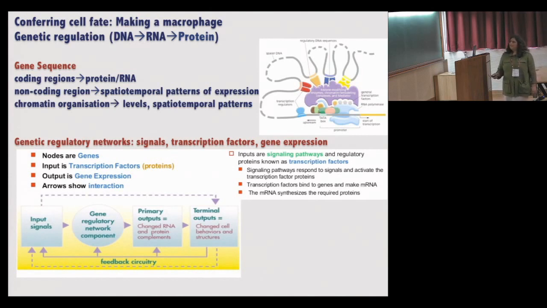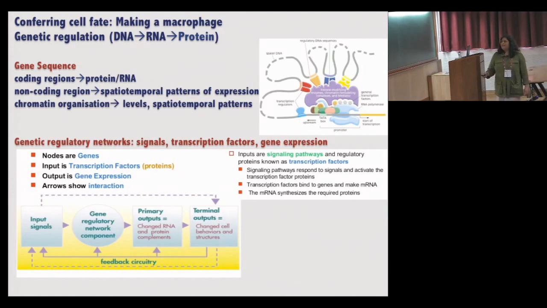So transcription factors bind genes and make RNA, and the mRNA then synthesizes the required protein. These networks can have a fair amount of feedback incorporated into it. So if I have to make a macrophage, I need to sort of think about what genetic information is required to build a macrophage, right?